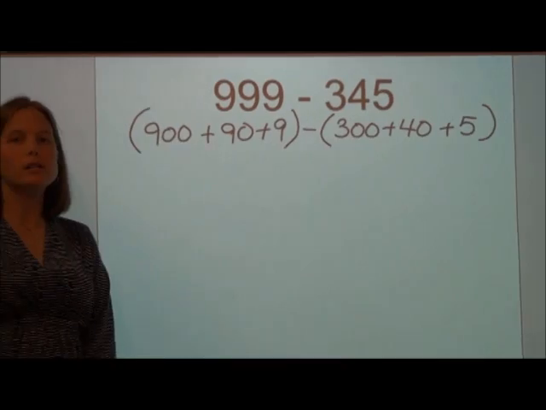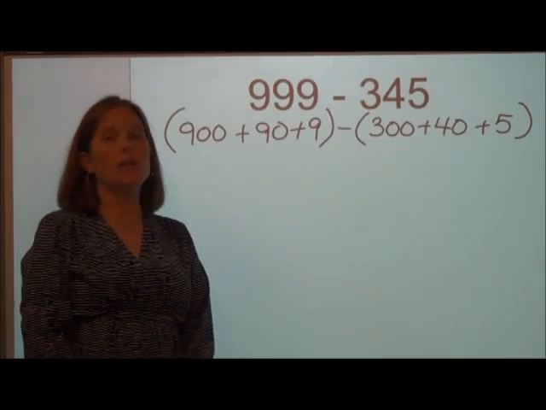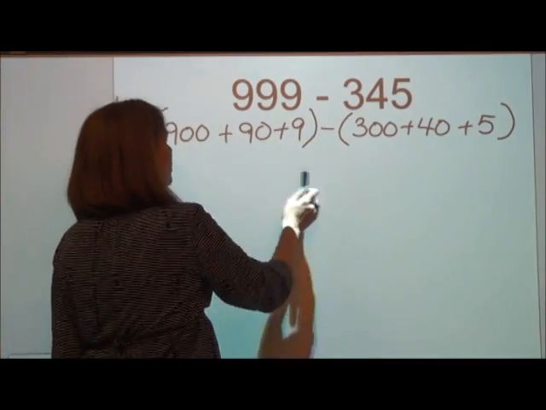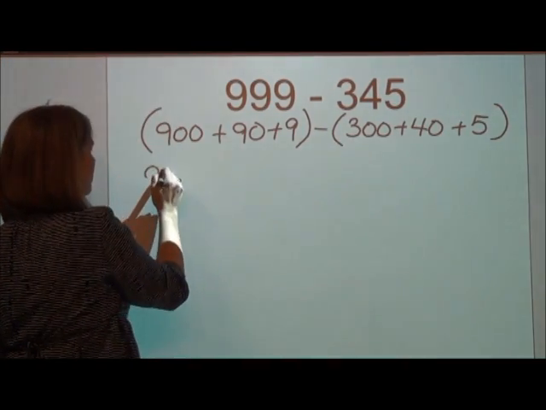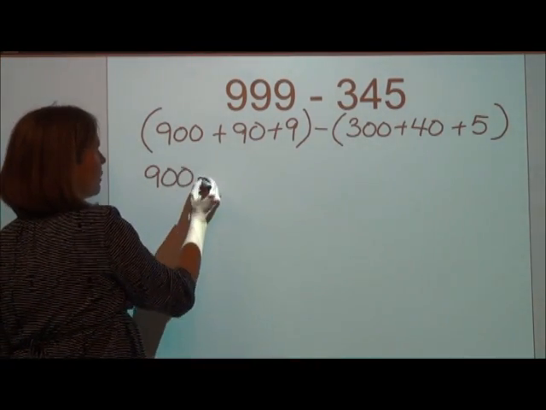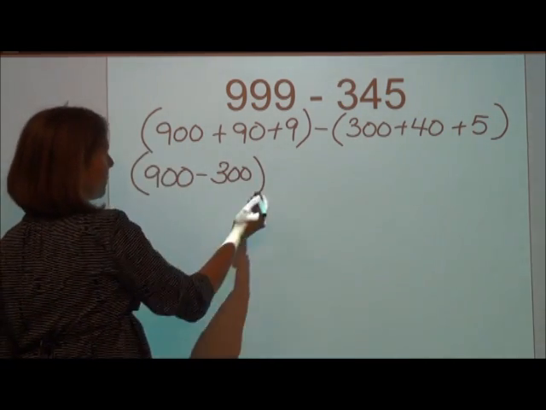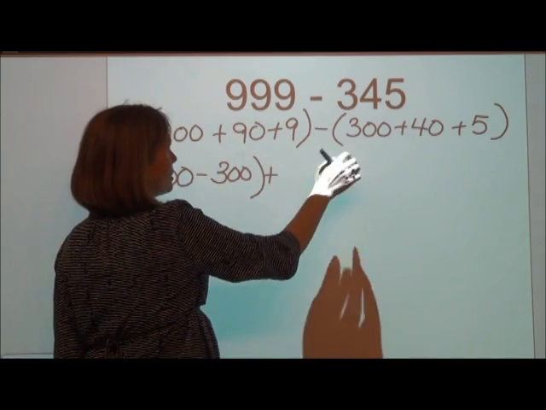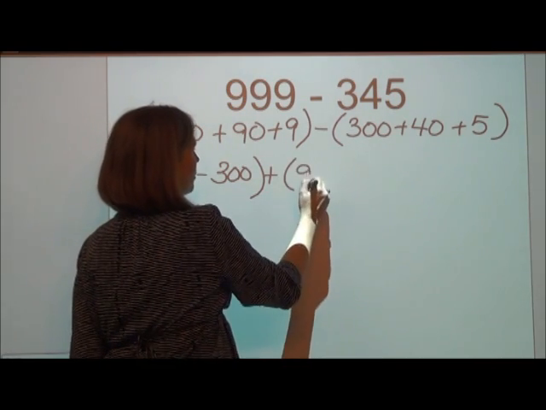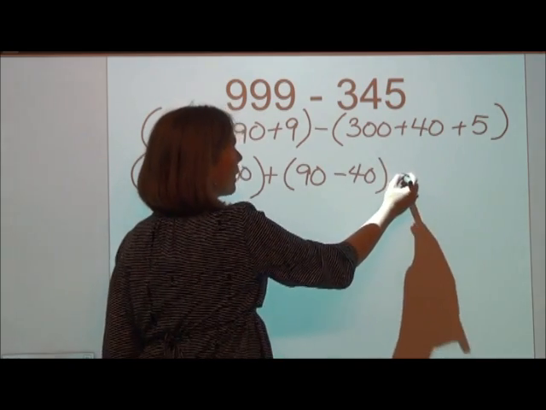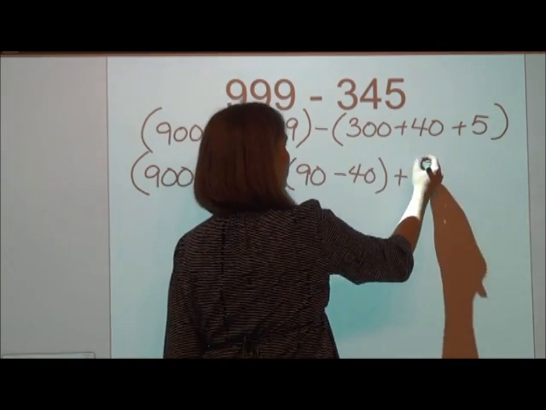The next thing that we are going to do is bring our like place values together. So we're going to bring our 900 and our 300 together. And then we're going to bring our tens together. And finally, we're going to bring our ones together.